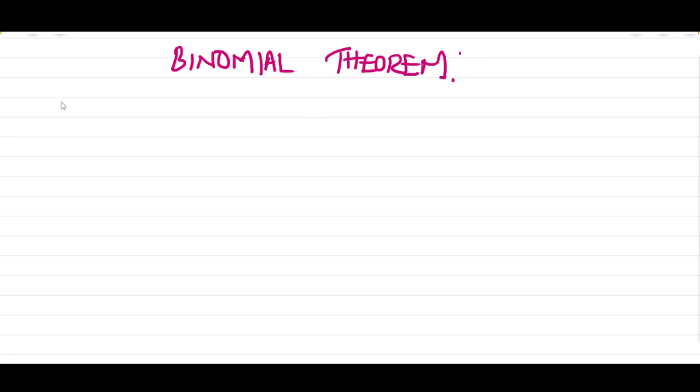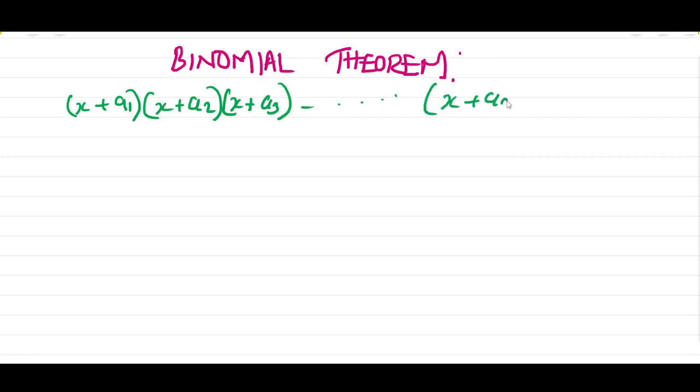In the previous video we talked about the binomial theorem, but then we gave only a slight introduction and hints to what it says. Well, we learned how to expand (x plus a1)(x plus a2)(x plus a3), and then we'll continue further to (x plus a sub n).